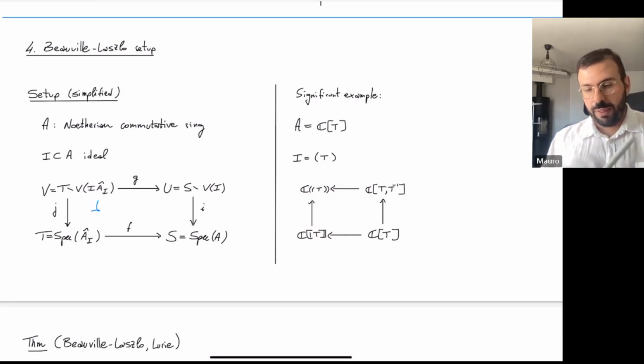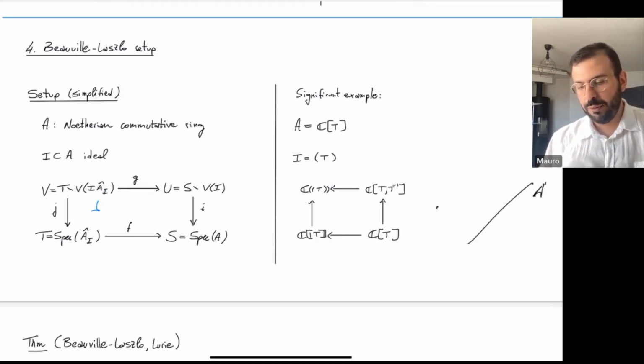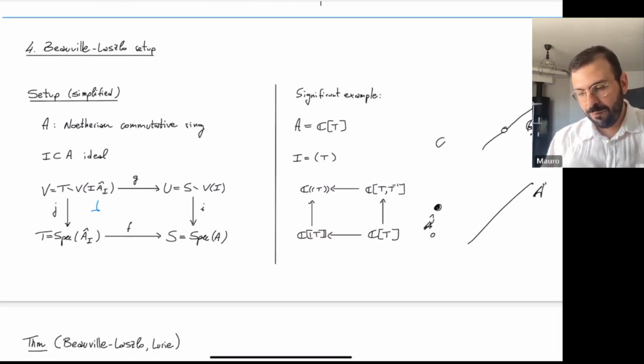And from a geometric point of view, maybe I can draw a picture. So this is A1. Then we have some fat point here, which is the formal completion at 0. Then we have a GM. And here we have the fat point, but punctured.